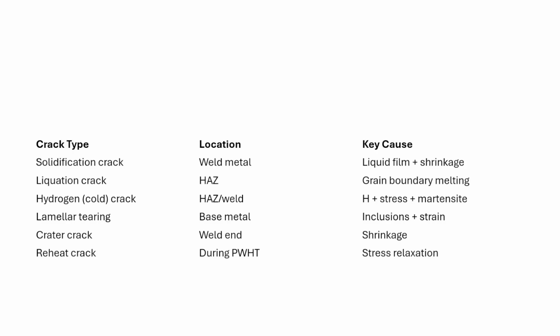Hydrogen or cold cracking will happen at the HAZ and weld bead due to hydrogen, stress, and martensitic formation. Laminar tearing happens in the base material due to the inclusions and the strain. Next, crater cracking at the weld bead end due to the shrinkage.